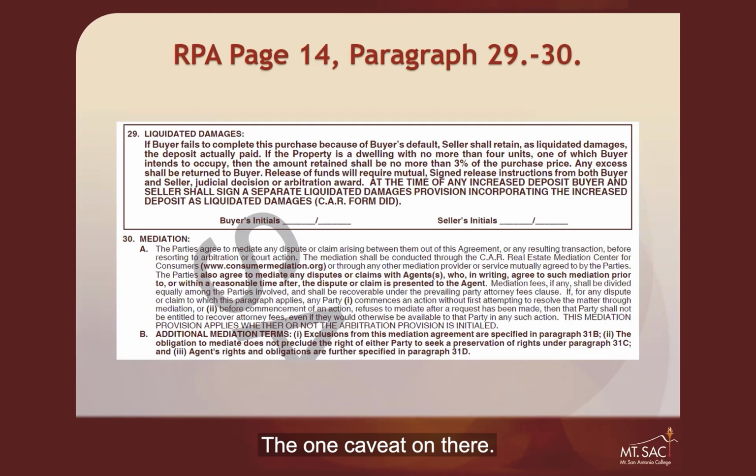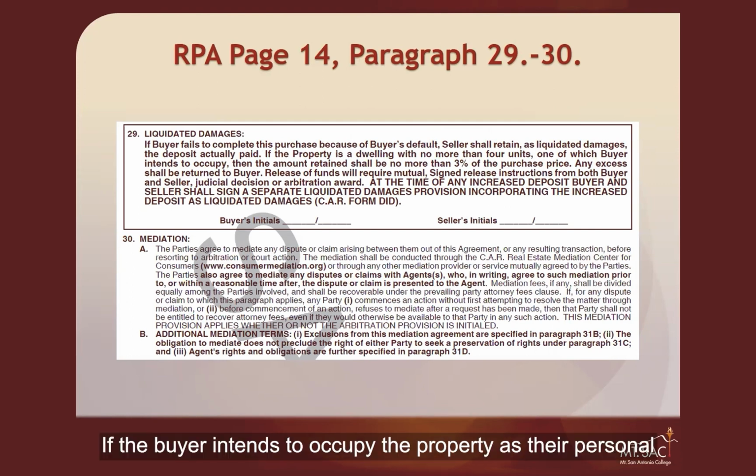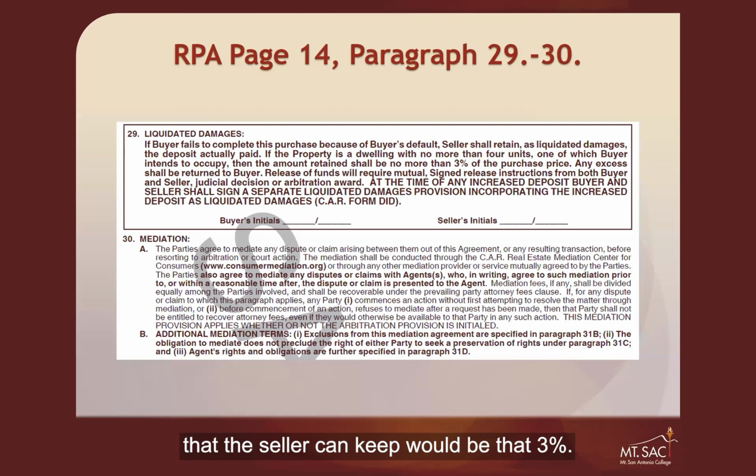The one caveat on there, if the buyer intends to occupy the property as their personal residence and that deposit is in excess of 3%, the most that the seller can keep would be that 3%. Okay, so that 3% is a cap. It's not how much the liquidated damages are. The liquidated damages are always the amount of the deposit.